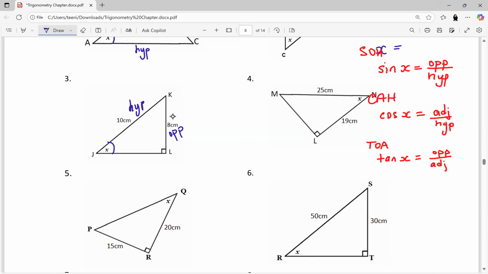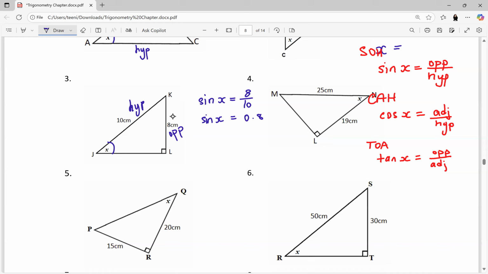So that would be sine of angle x is equal to the opposite over the hypotenuse. So it'll be 8/10. Yes. All right. So then that means sine x is equal to 8/10. In your case, Matthias, you would do 8 divided by 10, which would actually give you 0.8.